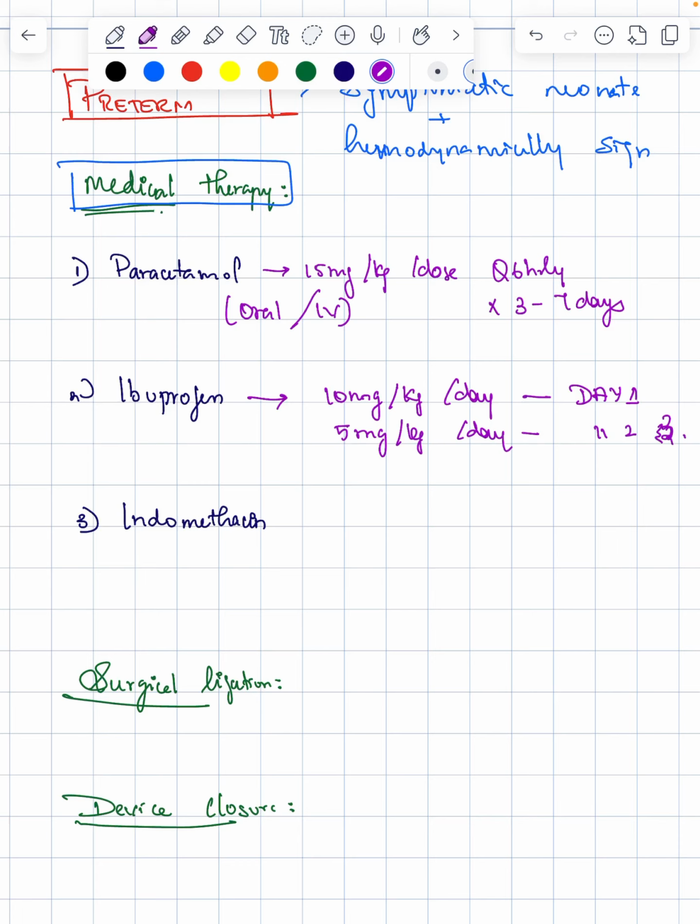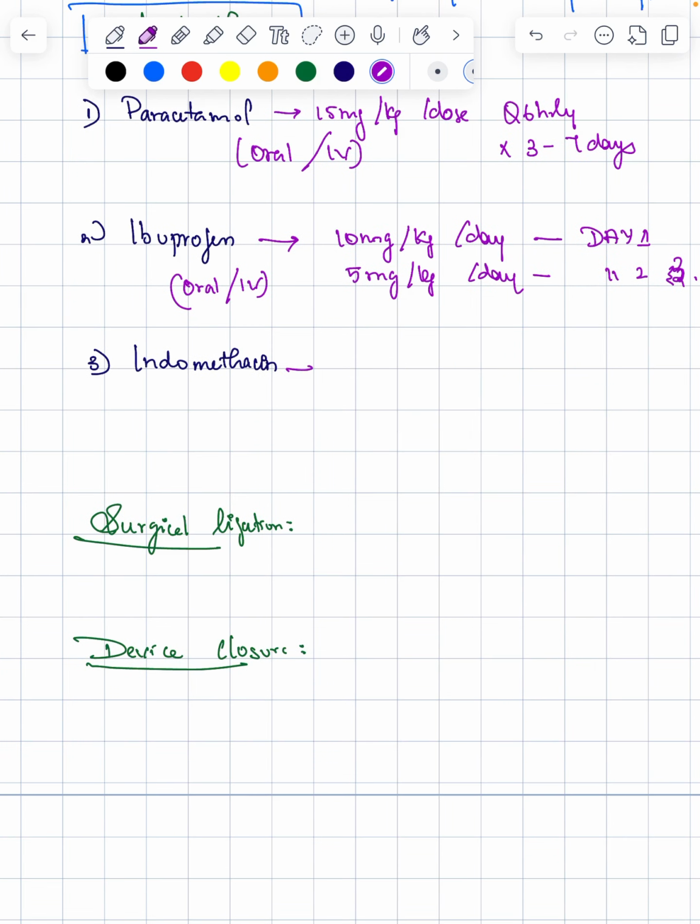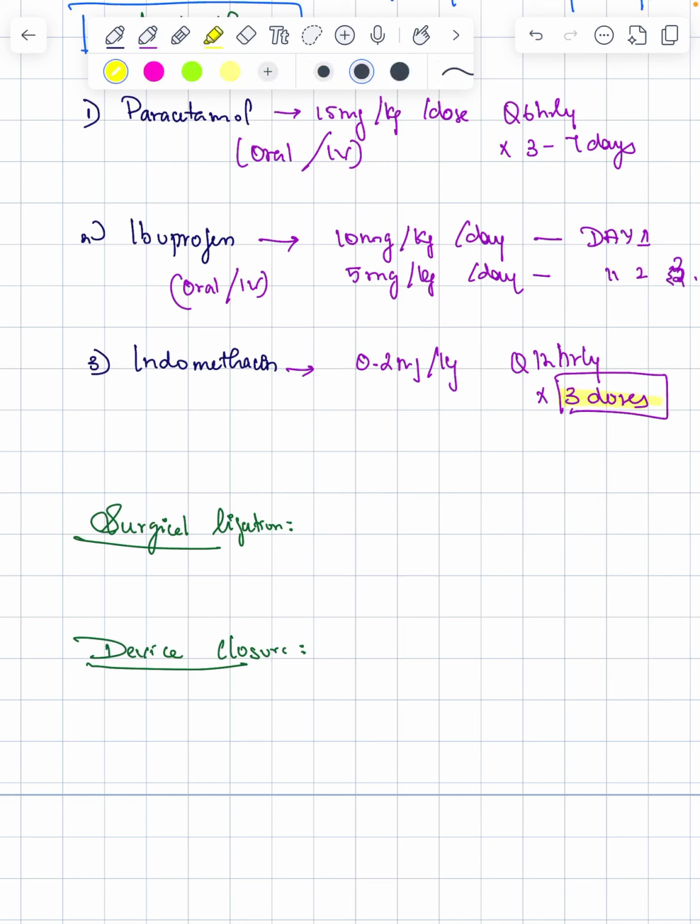Route of administration is oral or IV. Next, coming to indomethacin, the dose is 0.2 mg per kg 12th hourly, for a maximum of 3 doses. Okay, this is regarding indomethacin.